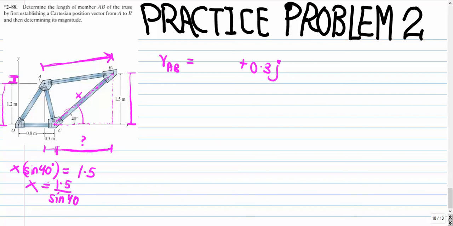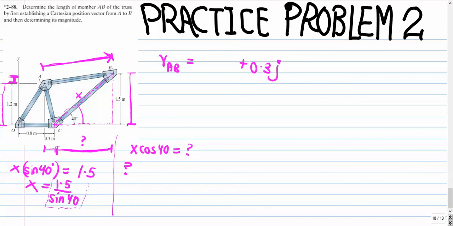I'm not gonna solve this on a calculator yet, but I'm just gonna use this value for x until we get the final value for this unknown length. Now that we have our hypotenuse, we can simply use the cos identity to find this unknown length, and we can do that by doing x cos of 40 degrees, which should be equal to the unknown length that we are looking for.